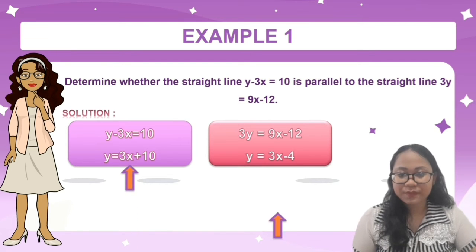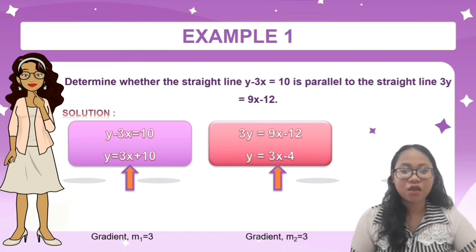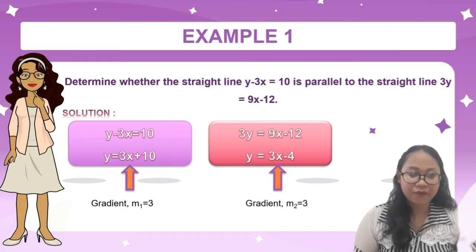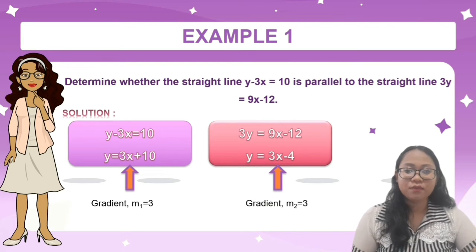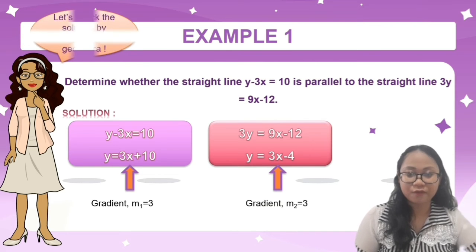The second step is we need to determine the value of gradients. Both of the straight lines have the value of gradients equal to 3. Before we proceed to the next step, let's recheck the solution by using GeoGebra first.